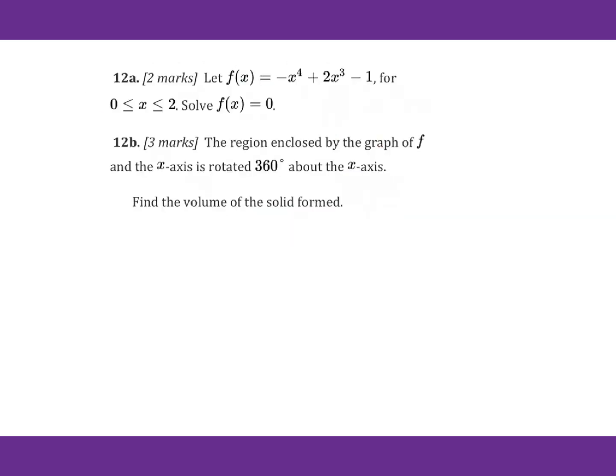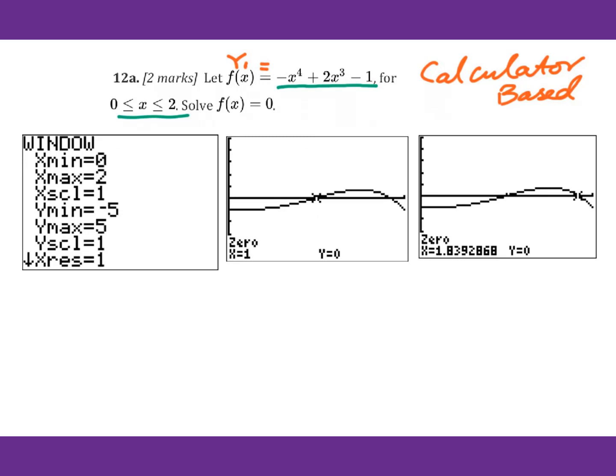Let's go to 12a. f of x equals negative x to the fourth power plus 2x cubed minus 1, for x greater than or equal to 0 and less than or equal to 2. Solve f of x equals 0. Remember, this question is calculator based. So we put y1 equals f of x. Then you set up the window. Since the domain is given, I use the given domain.